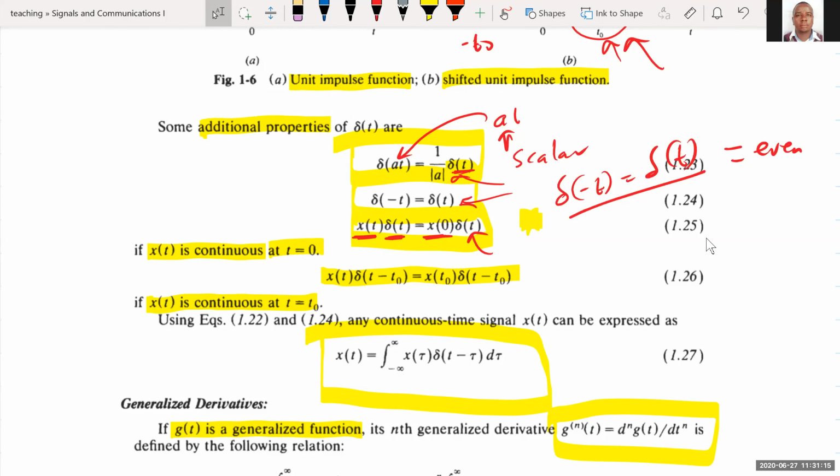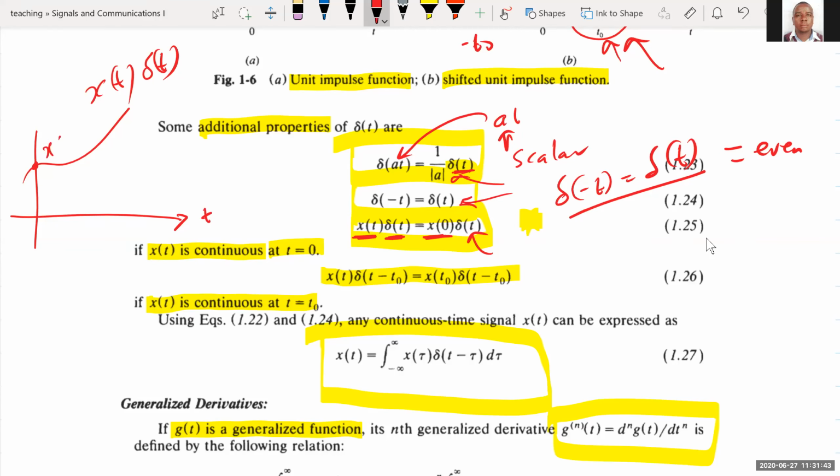Without giving so many examples, if our function looks something like this, that is my function x of t, and of course time is moving along that direction, then this function multiplied by delta of t will have the value of x at point 0 multiplied by delta of t. That is the meaning of this second property.